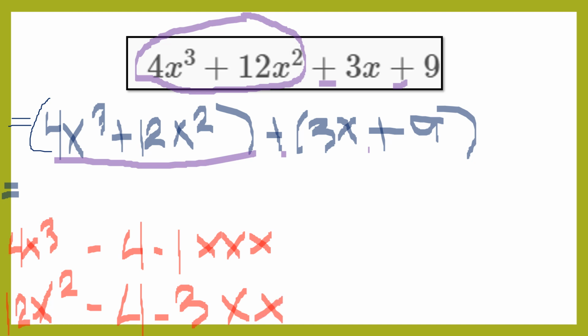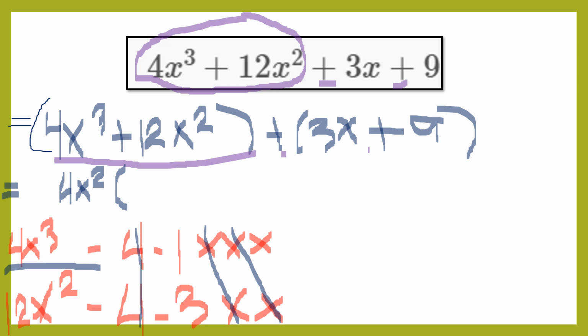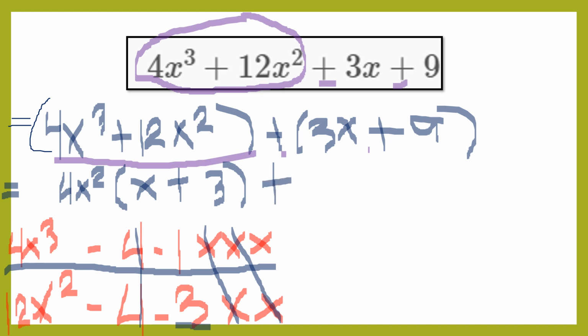Thus, its greatest common factor is 4x squared. You write it here, 4x squared. Now, open parenthesis for the remaining factors. For the first term, the remaining is 1x, or just write x. Plus, for the second term, the remaining is 3, and then you close it, copy the operation, plus. Alright, let me erase it.